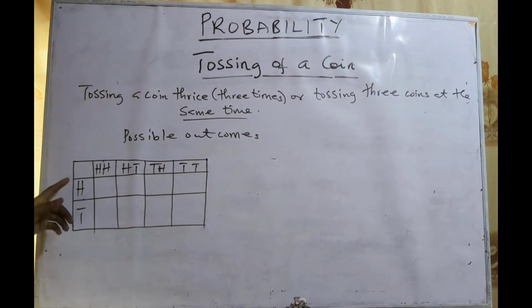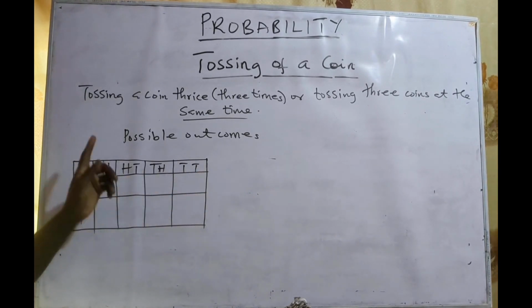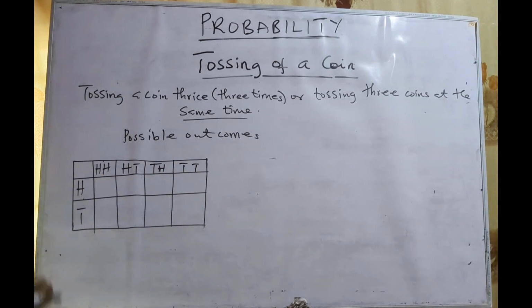So this side is when the coin is tossed once, that you get the head and tail, and this is when the coin is tossed twice, you get head head, head tail, tail head, and tail tail. So when you combine the 2 and the 1, you get the 3.